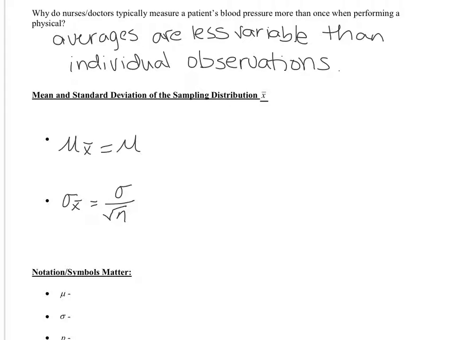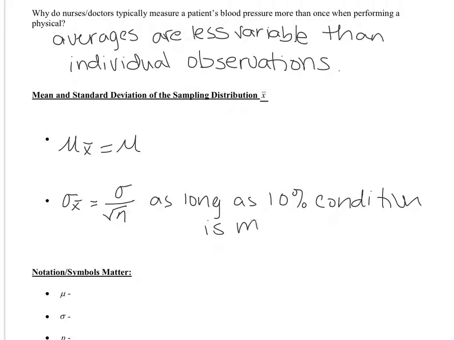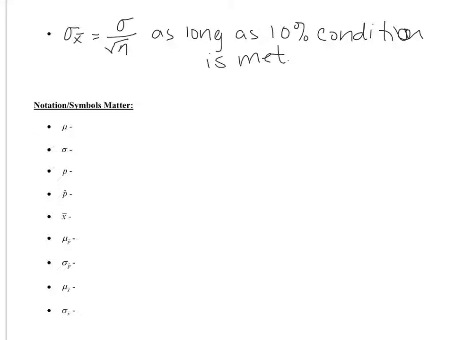So this is as long as the 10% condition is met. So just like before, we have to make sure that we can prove, or at least verify, that 10 times the sample size is included within the population.